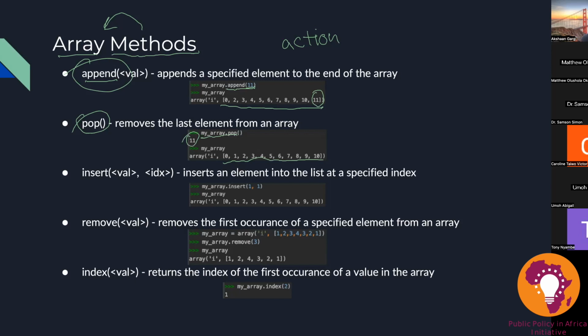So then we have insert, right? In insert, instead of appending it to the very end, you can put it in the middle of the array. For example, over here, we have value and index. Value is the number that you want to insert, and index is where you're inserting it.